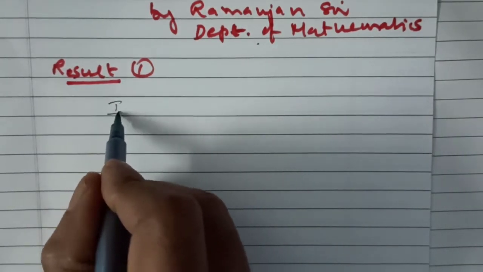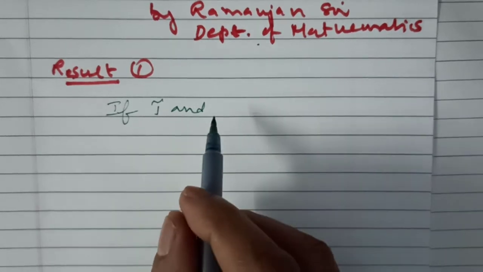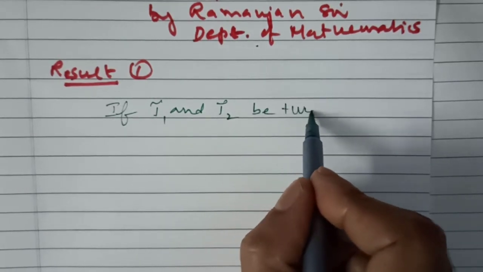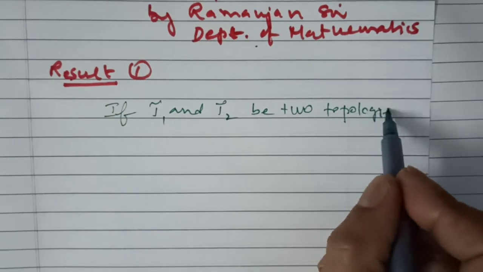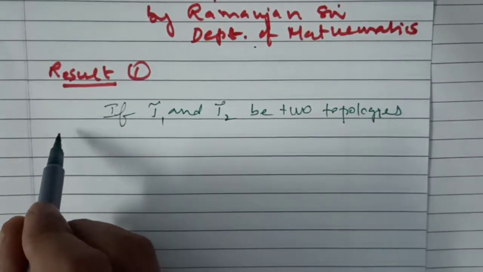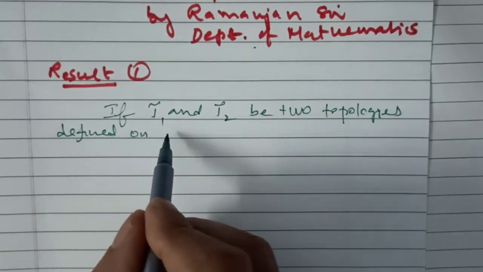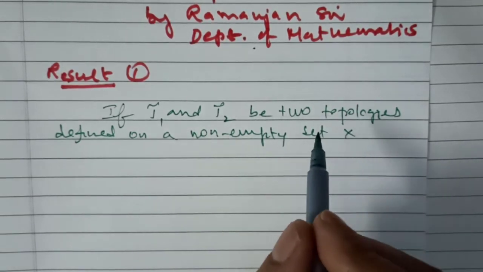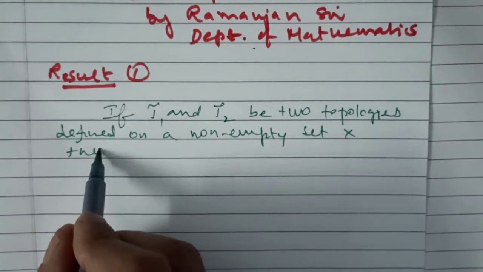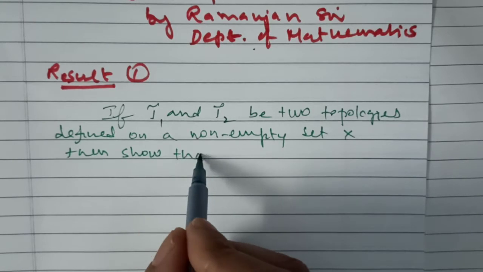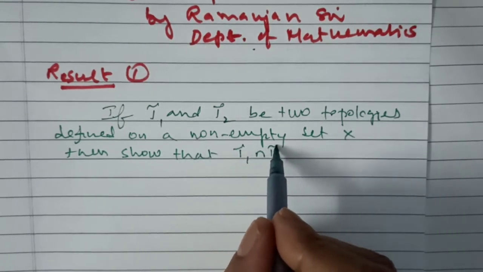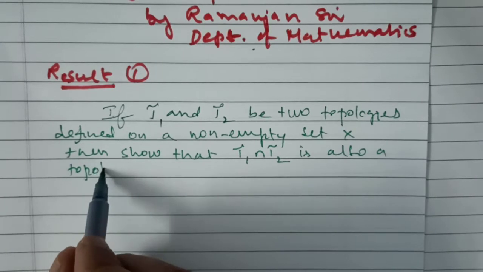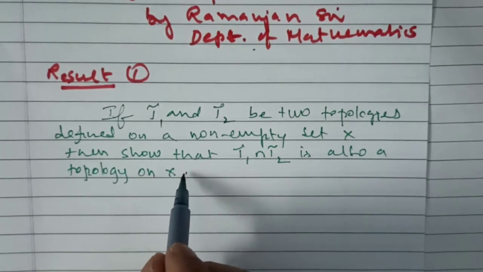If τ1 and τ2 be two topologies defined on a non-empty set X, then show that τ1 intersection τ2 is also a topology on X.